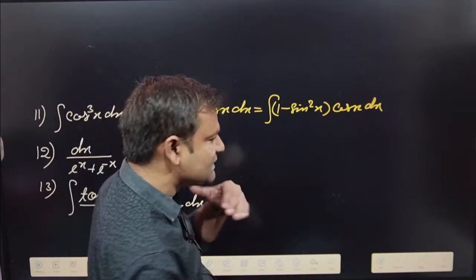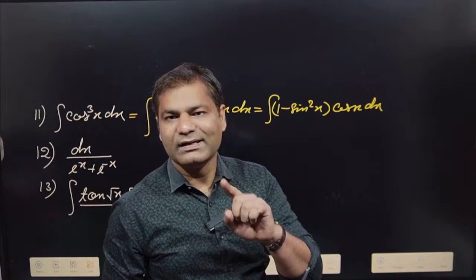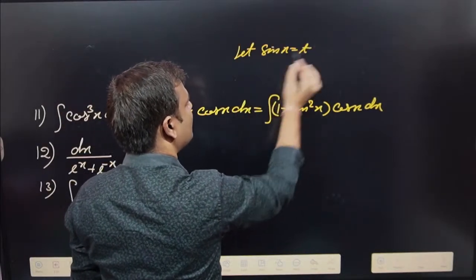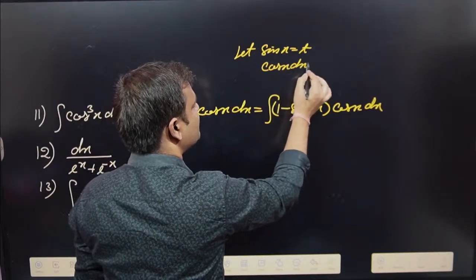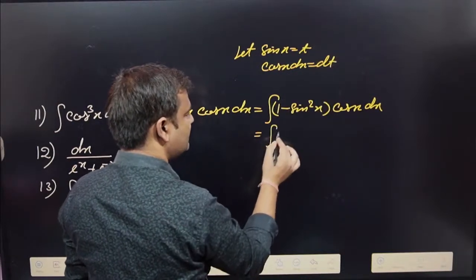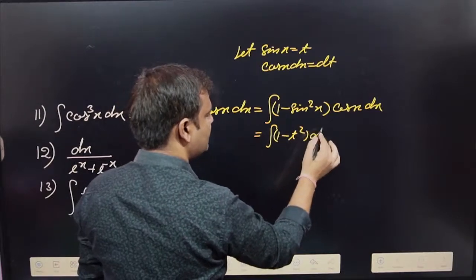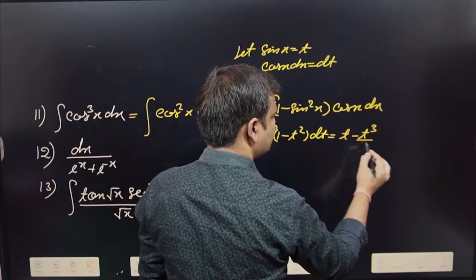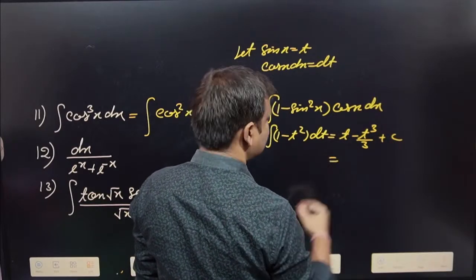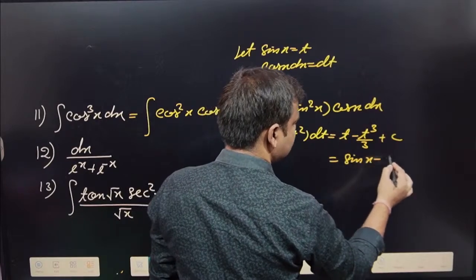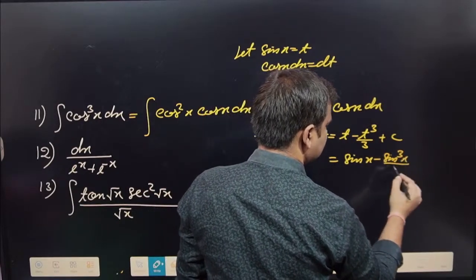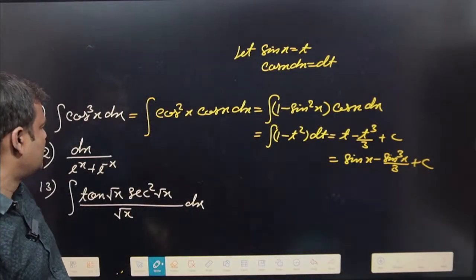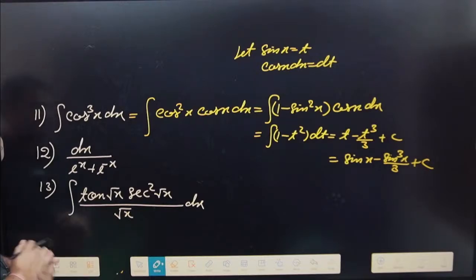If sin x is taken as t, let sin x be t, then cos x dx is replaced by dt. So this is written 1 minus t square into dt, here t minus t cube by 3. I have solved question number 11.